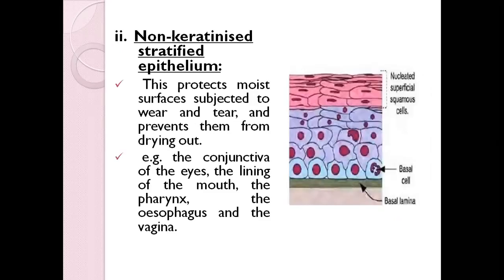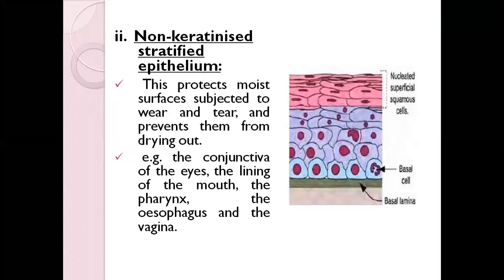Non-keratinized epithelium protects moist surfaces from wear and tear, which means any form of injury, and prevents them from drying out, because moist surfaces need to stay moisturized. For example, the conjunctiva of the eye. Our eyes are always moist, not dry.